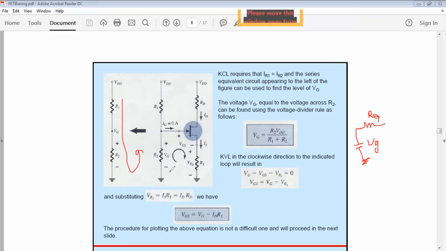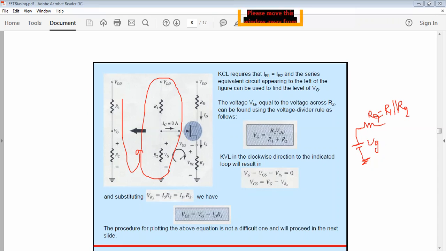So this entire network R1, R2 is replaced with VThevenin equal to VG, the gate voltage, and RThevenin equal to RG. So RG is equal to R1 parallel to R2. Right? Now here we calculated VG and RG. VG is equal to R2 by R1 plus R2 into VDD.